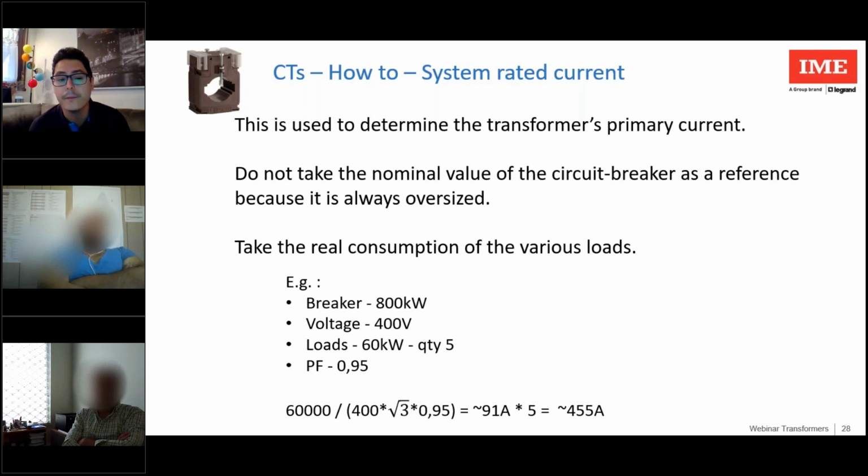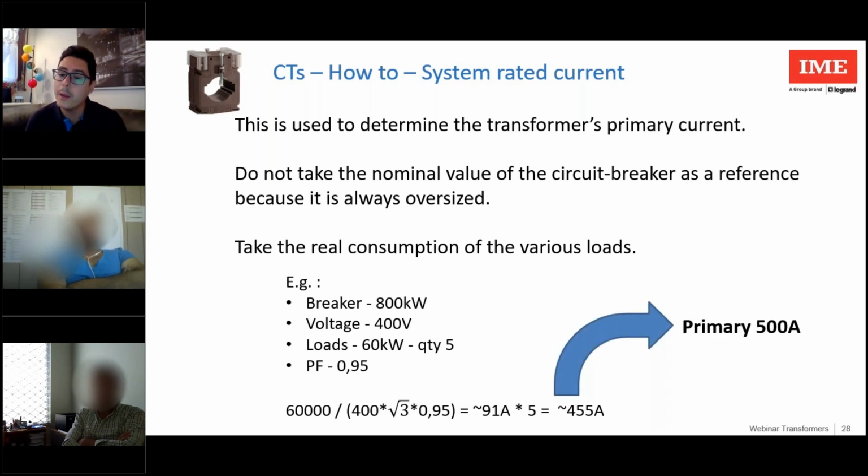I divide it by 400, by the square root of 3, and by 0.95. It gives me the current for one load, more or less 91 amps. I multiply it by the quantity of loads, 5. I find that my real consumption is more or less 455 amps. So I'm going to take a primary of 500 amps, the nearest to the maximum current flow in this circuit.